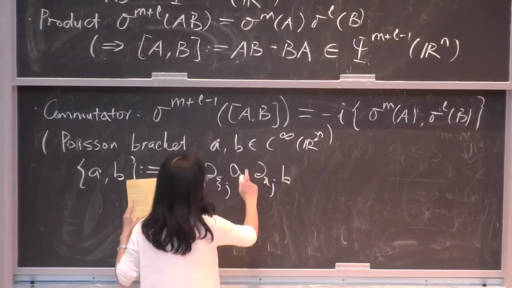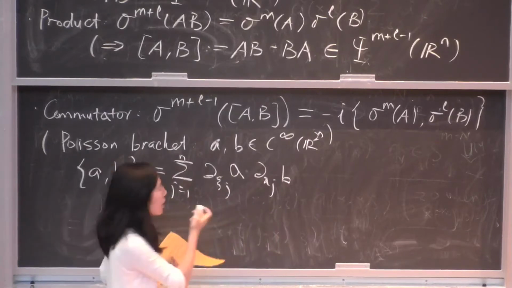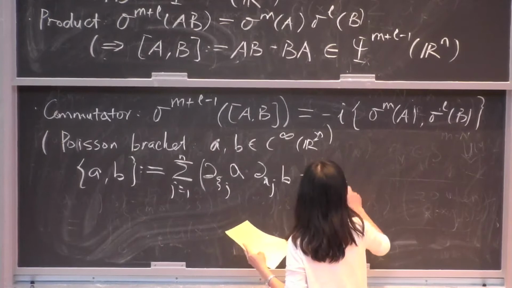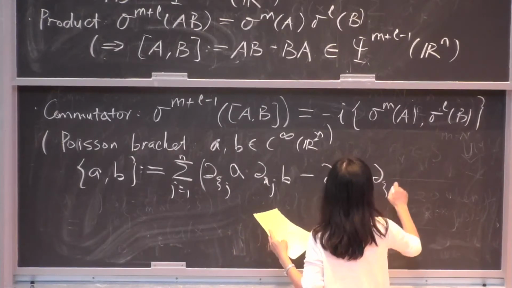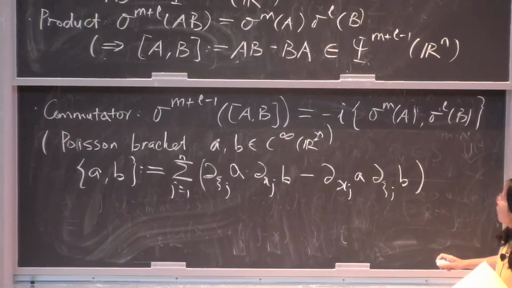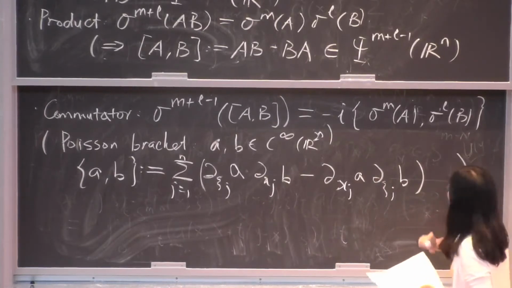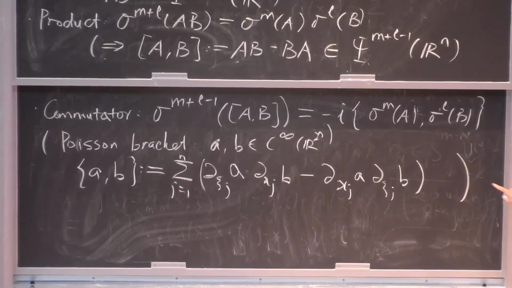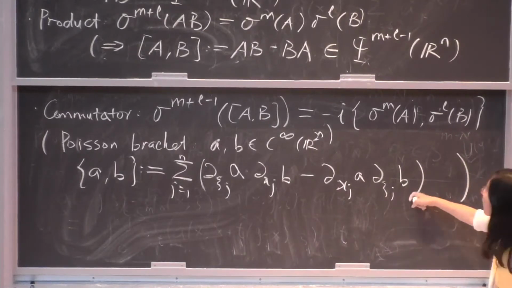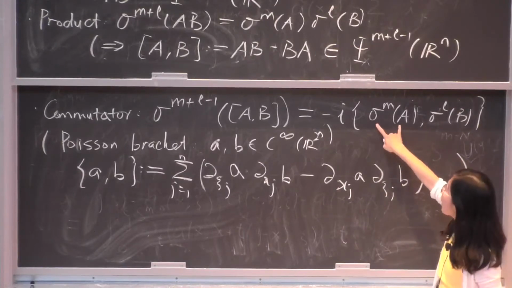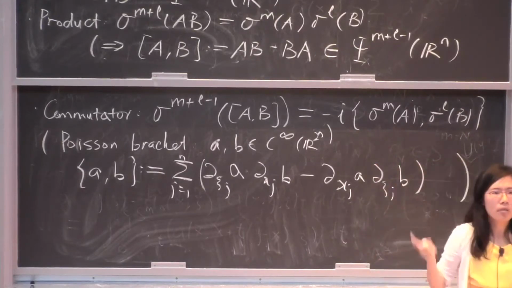So this is not an inner product anymore, it's really just a regular product, minus d xj a times d psi j b. I put a lot of extra brackets, so I'll just leave one here. So this is the definition of the Poisson bracket, and those are two C-infinity functions. So I apply a Poisson bracket, and this will give me the principal symbol of this commutator.